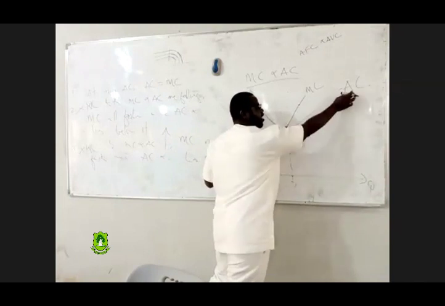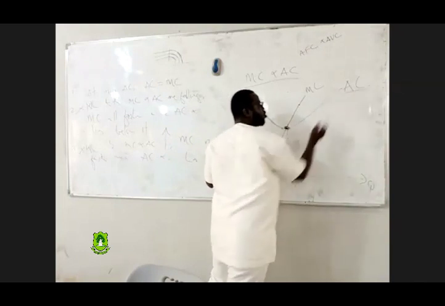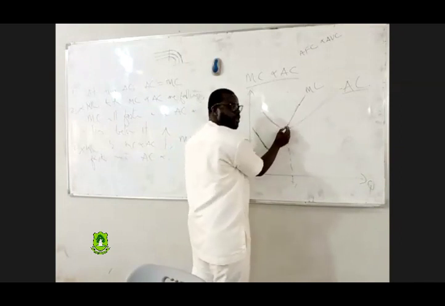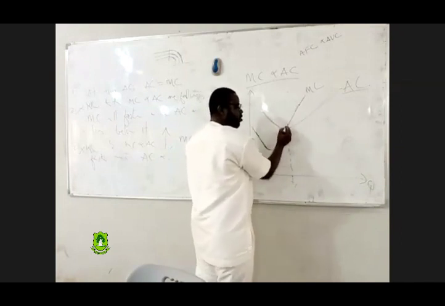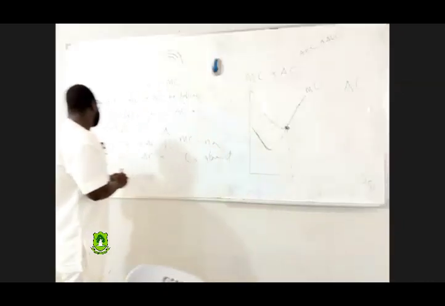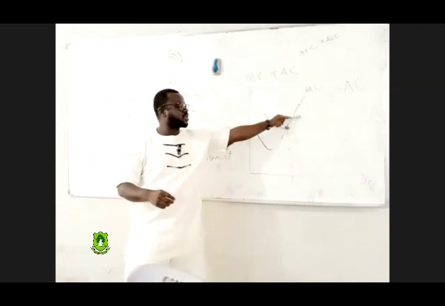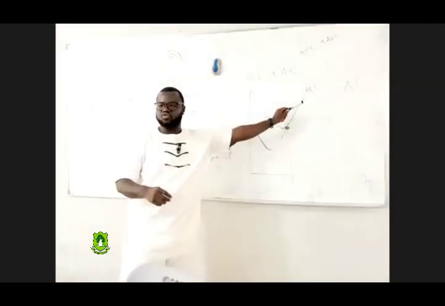The point of what? The minimum point of average cost should be the point marginal cost will what? Will pass through, or should be the point where the two curves will what? Will meet. So when marginal cost is falling, average cost must also fall. Is that not it? And when it is increasing, average cost must also what? Increase.